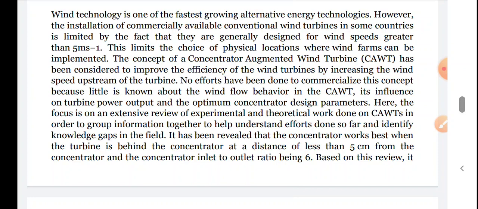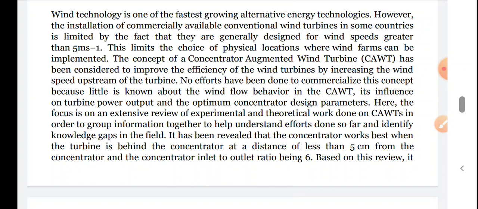So the focus is on an extensive review of experimental and theoretical work to be done on CAWT, meaning concentrator augmented wind turbines, in order to group the information to help understand the theory behind this technology, and then commercialize this.